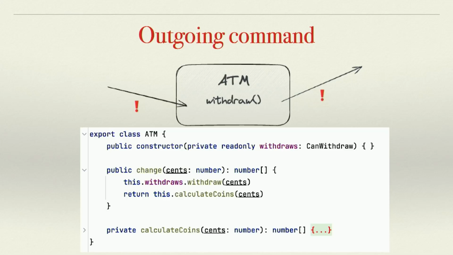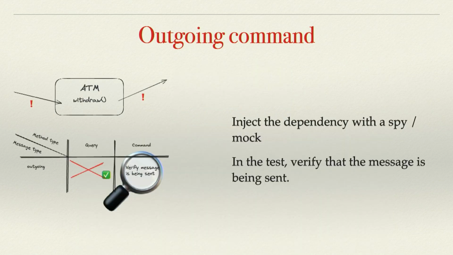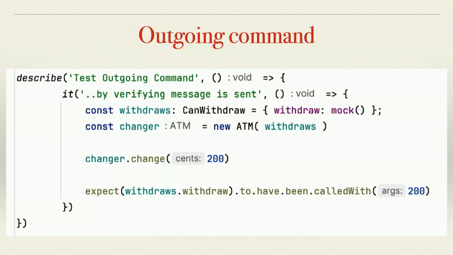Again, it's changed now. And we are sending the method withdraw to the withdraws collaborator in this case. And how to actually test this is that we inject the dependency as a spy or a mock. Either works fine. And in the test, we verify that the message is being sent, like this.